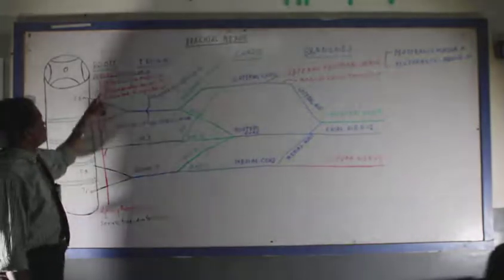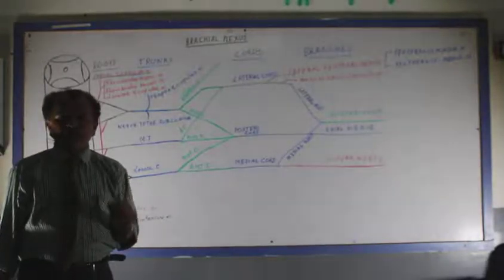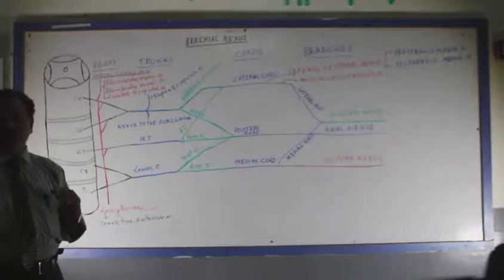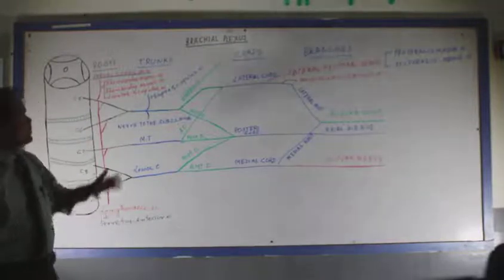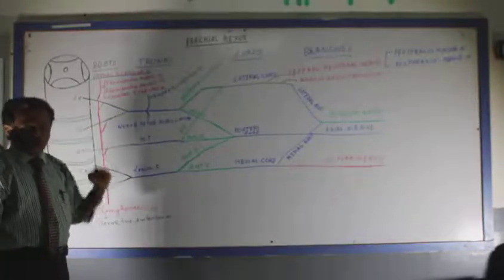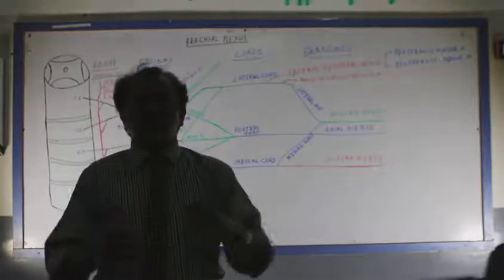Suppose there is an injury to the dorsal scapular nerve. What happens? There are no movements, and the nerve supply is disturbed to the rhomboideus major, rhomboideus minor, and levator scapulae. The main action of the rhomboideus major and minor is retraction of the scapula.